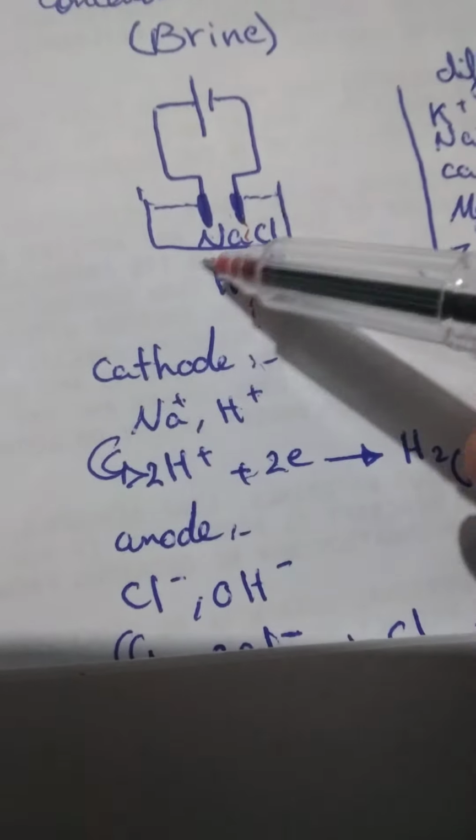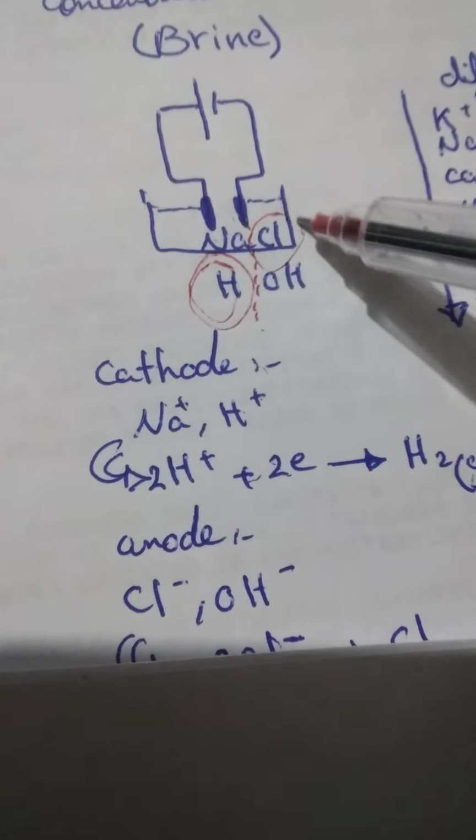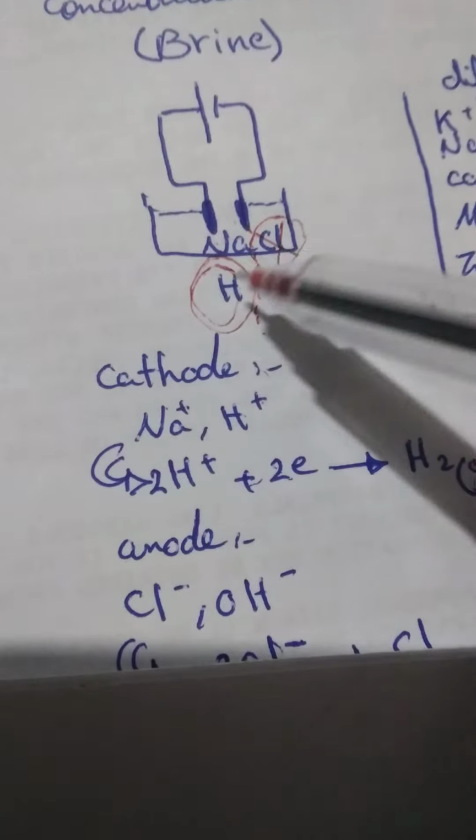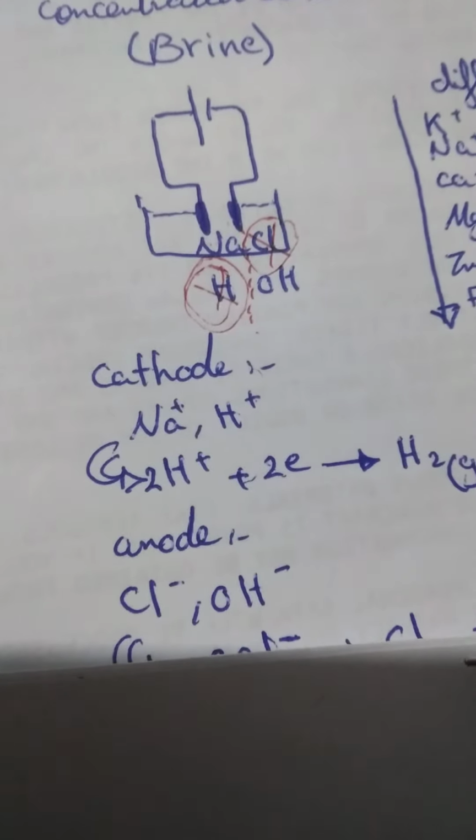We said that hydrogen ions and chloride ions will be removed by discharging to form the gases at the different electrodes.